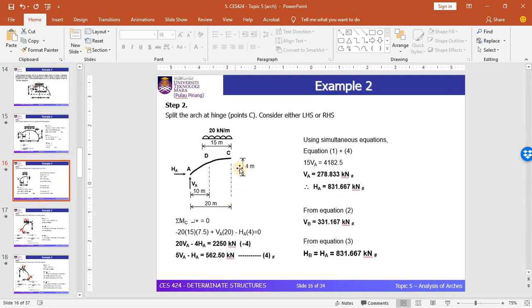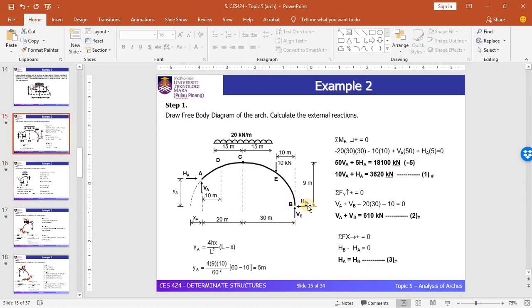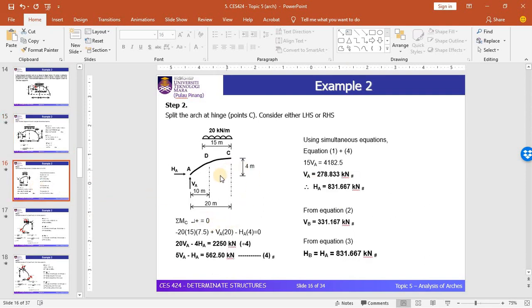If you take moment at the joint C and consider the right hand side of point C, your equation will be in terms of VB and HB, which makes the steps longer. Since the first equation is in terms of VA and HA, it is better to consider the left hand side of point C, and you will get the fourth equation, which is in terms of VA and HA.